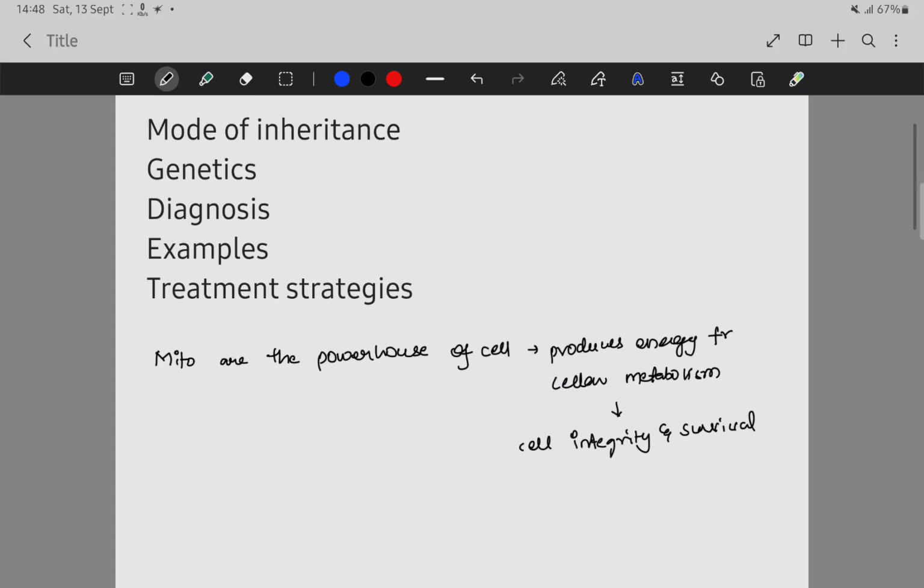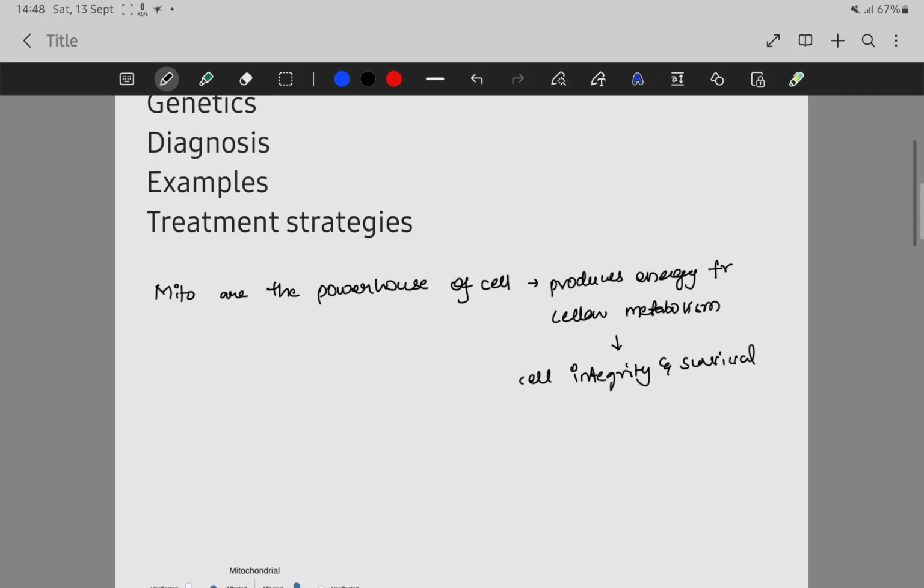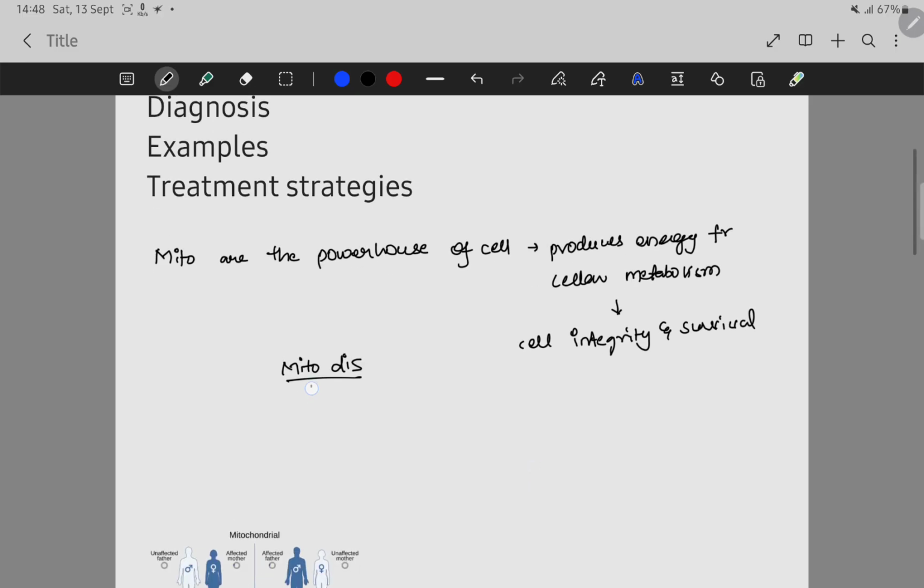So coming to the genetics, the mitochondrial disorders can be divided into primary or secondary.